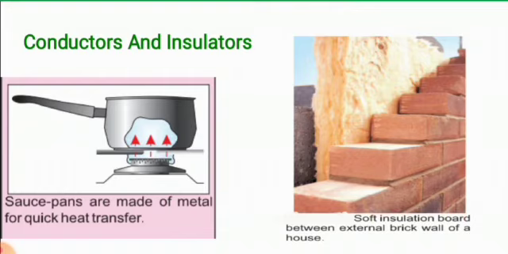And insulators are those materials in which there is no free electron. So because of the absence of free electrons, heat is not transmitted or transferred from one point to another point. So any material that does not have free electrons is known as insulator.